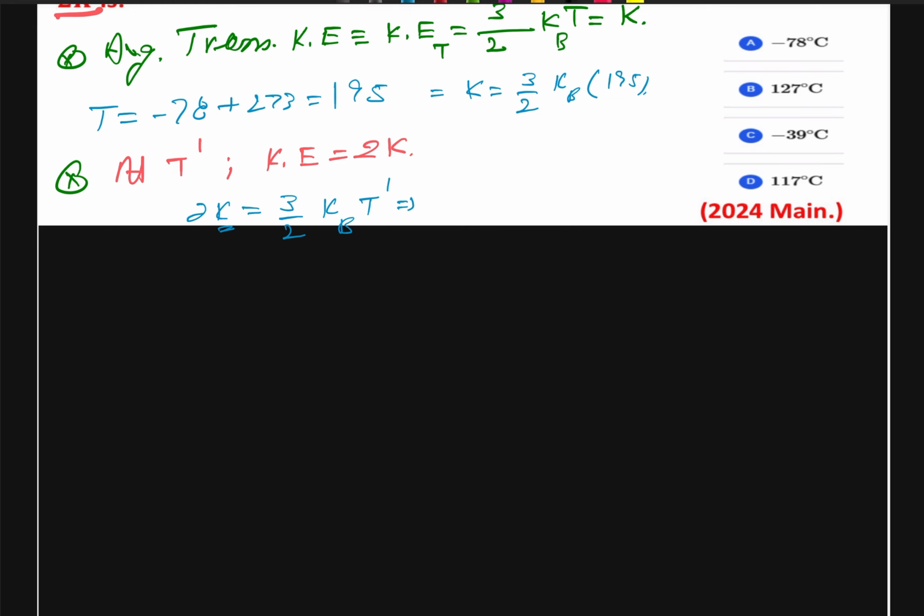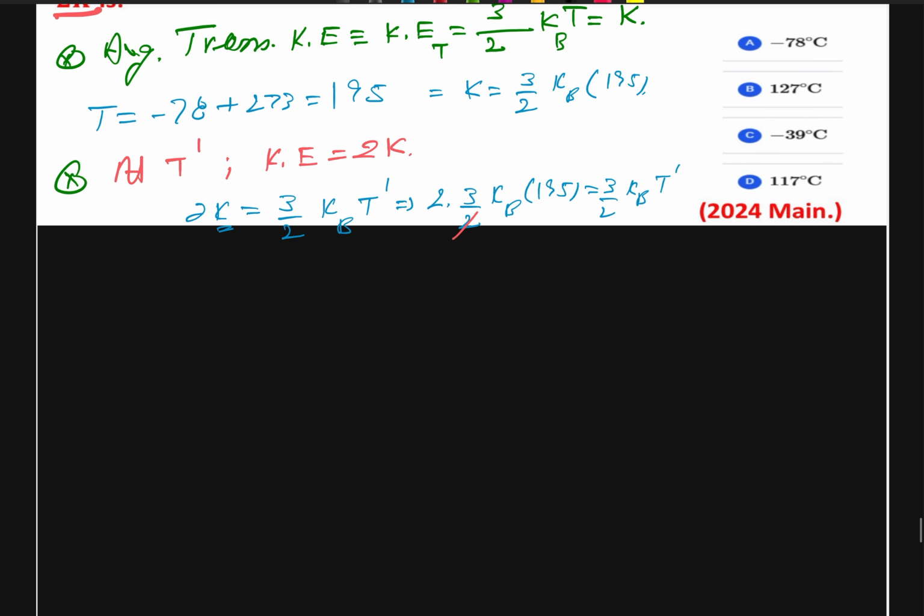We get 2 times 3 by 2 Kb 195 is equal to 3 by 2 Kb T prime. Here the 2, Kb and Kb cancel out, 3 and 3 also go away.